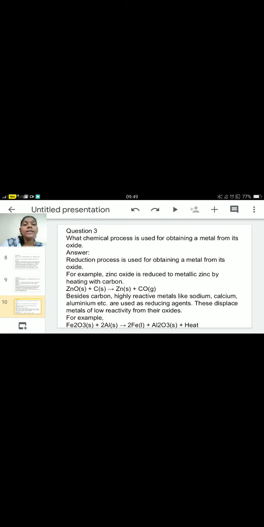So ZnO, that is zinc oxide, plus carbon, will give you zinc plus carbon monoxide gas, CO. Besides carbon, highly reactive metals like sodium, calcium, aluminium are also used as reducing agents. These displace metals of low reactivity from their oxides. That is Fe2O3, ferric oxide, plus 2 aluminium will give you the formation of Fe plus Al2O3, that is aluminium oxide.